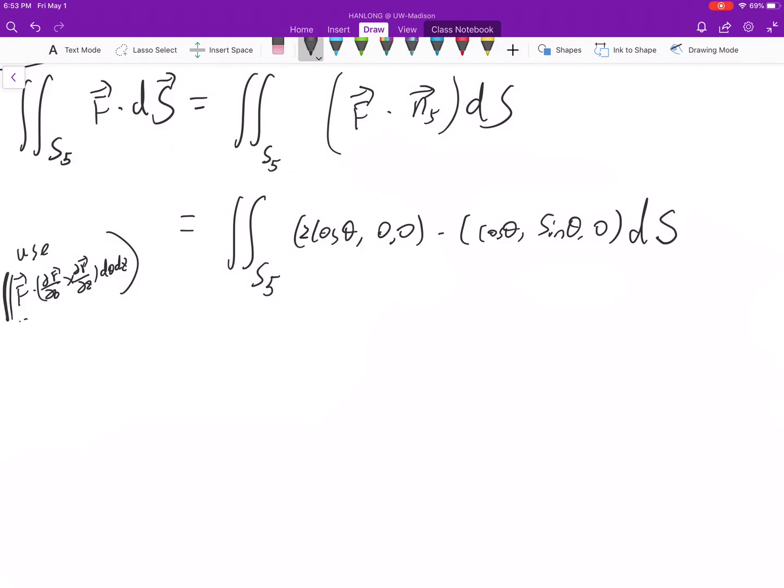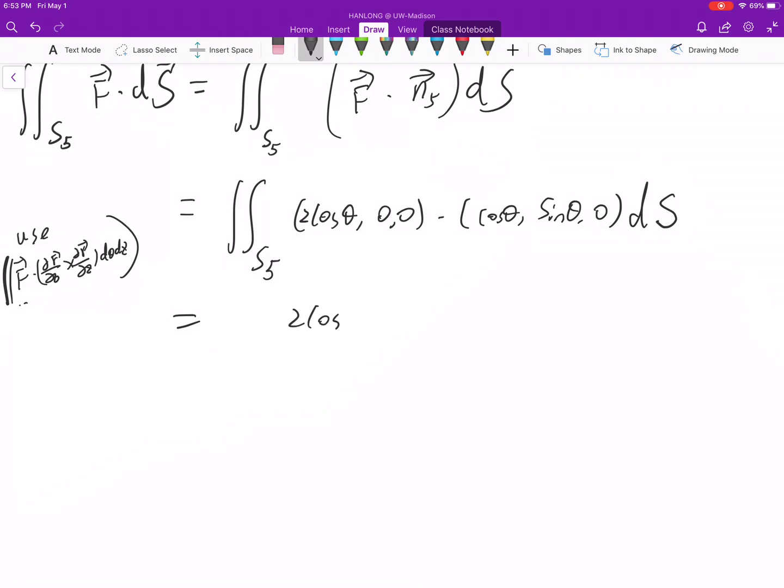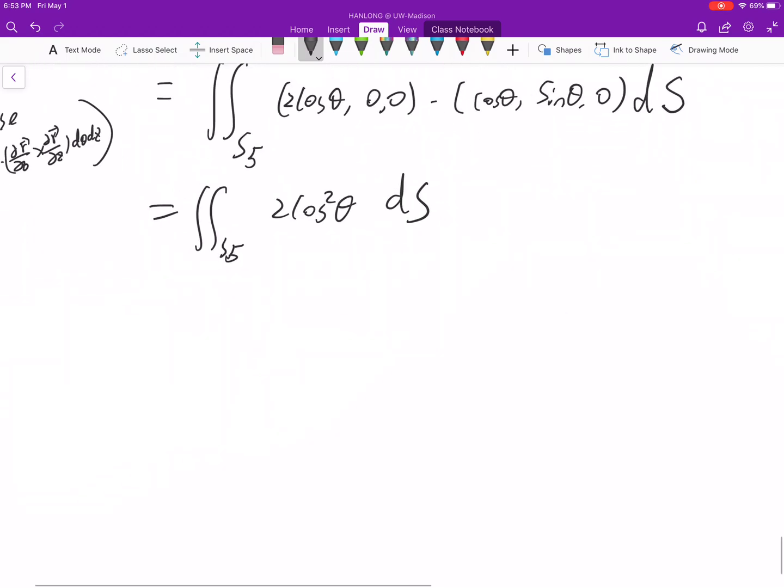But I don't want to use that directly because I want to track the sign. So you can do that, it's equivalent. So here you have 2 cosine squared theta dS. Now you plug in.